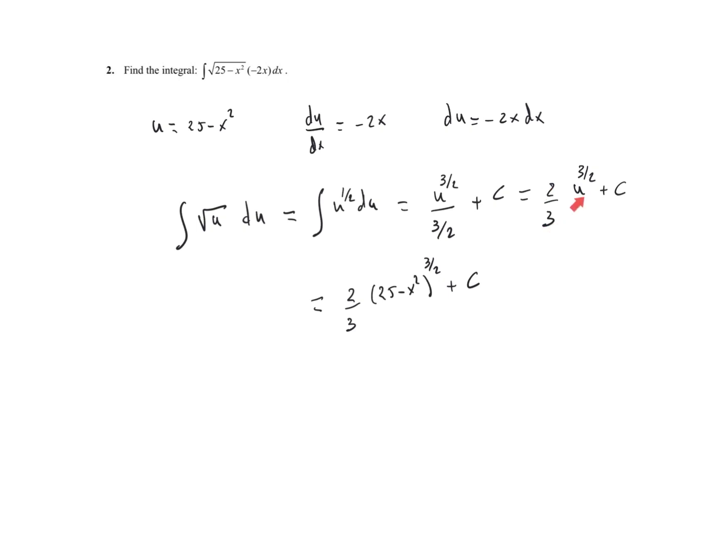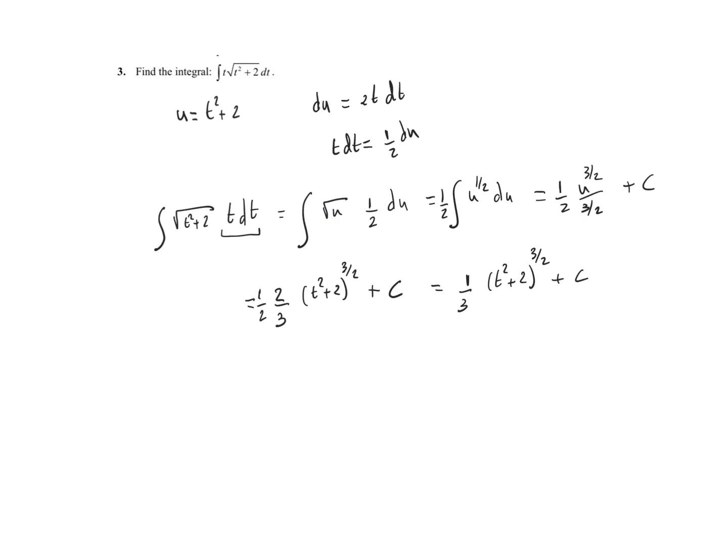It's 2/3 of u to the power 3/2, but the problem is not solved because you have to put what is u. u is 25 minus x squared. So the solution is 2/3 times (25 minus x squared) raised to the power 3/2 plus C. And the second problem is done.